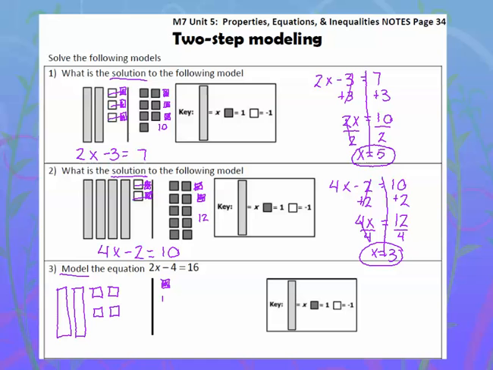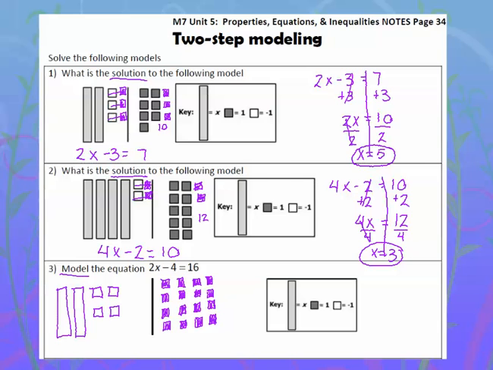So I'm going to draw 16 positives. That's all you would need to draw, because it's just asking you to model the equation. Just make sure that you're careful with your positives and your negatives.